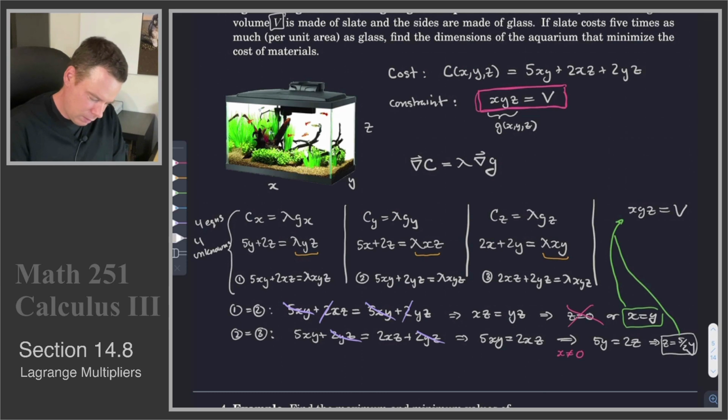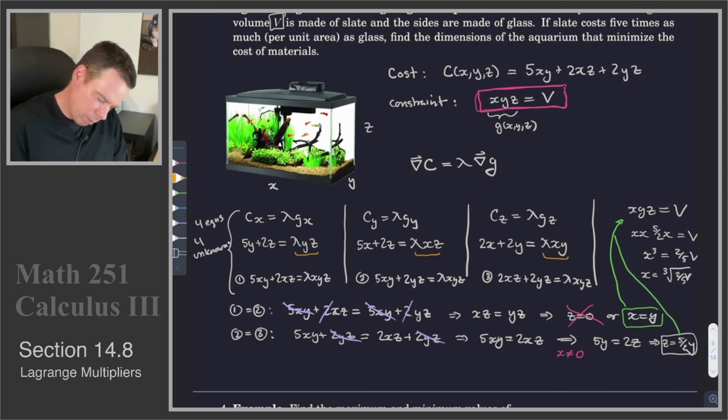And that tells us that, I've got x times y, but y is also x, times z, but z is 5/2 of y, but y is also x. So we get an equation that looks like x times 5/2 x is equal to the volume. Or in other words, x cubed is equal to 2/5 V, or x is equal to the cube root of 2/5 V.